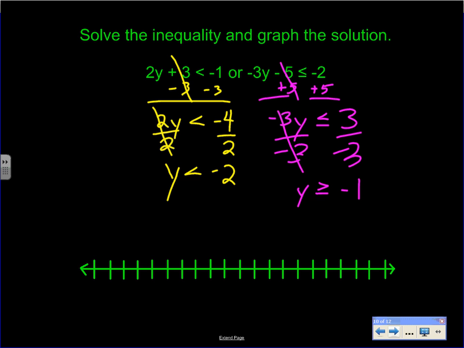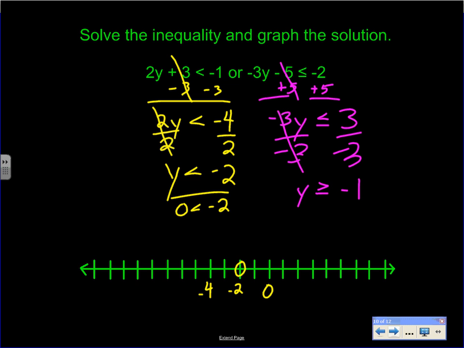Okay, well, let's see what we can do on the graph. One on the left, y is less than negative 2. Well, we should probably get some numbers on here, right? y is less than negative 2, open circle. We've had a lot of open circles. Oh, we're going to get a closed circle on the other one. It's going to be an open circle. So y is less than negative 2. Pick a number on the right, 0.